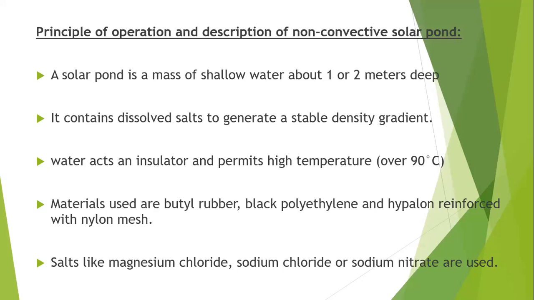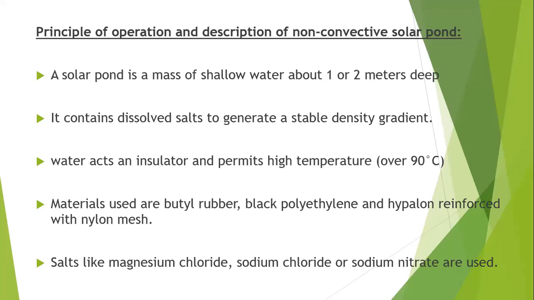It contains some dissolved salts to generate a stable density gradient, and this dissolved salt will be in layers. Some part of the incident solar radiation enters the pond surface and is absorbed throughout the depth, and the remainder penetrates the pond and goes downward to the black bottom absorber plates.